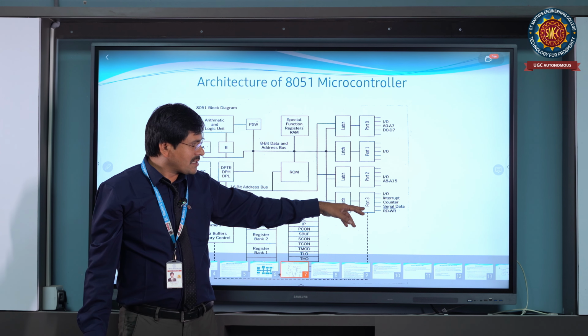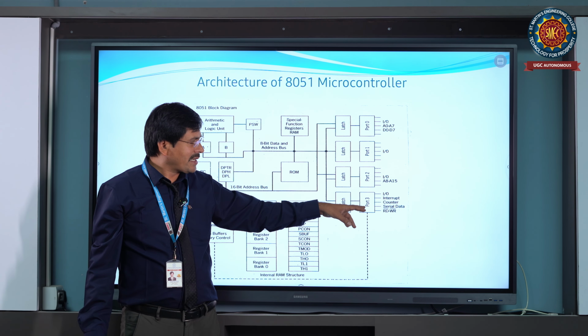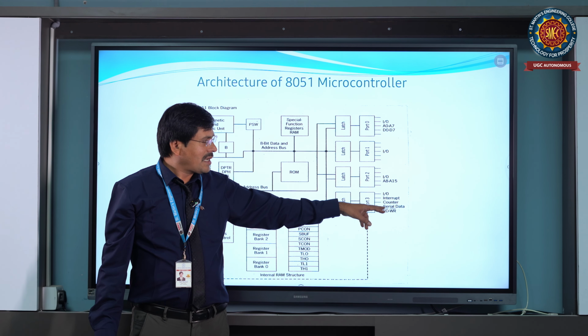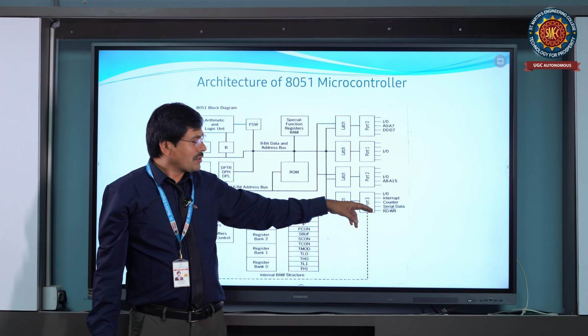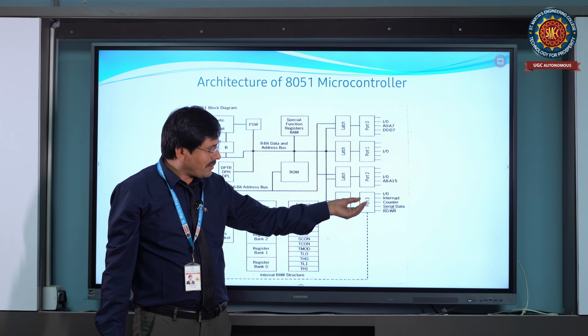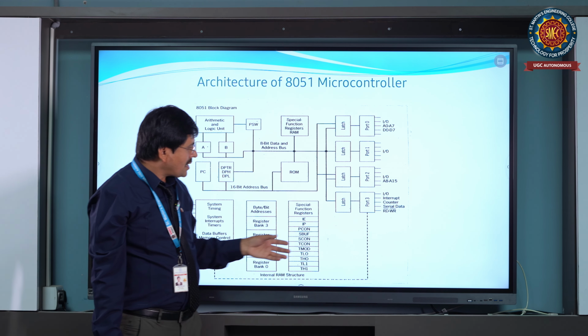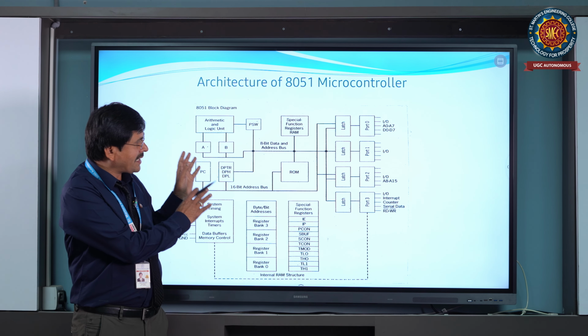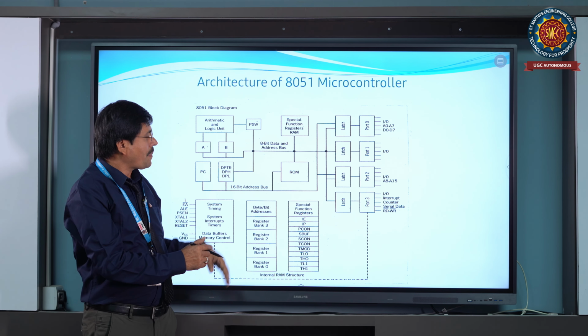And port 3 consists of other special function pins, such as read and write pins, serial data pins, counter and interrupt pins. We'll discuss the functionality of all these pins in the next slide. Now I have shown the architecture diagram of the 8051 microcontroller.